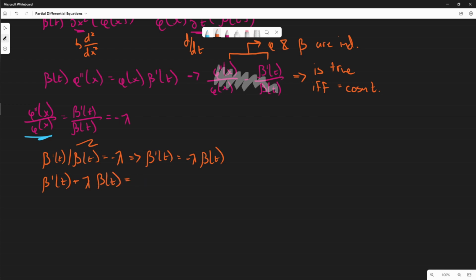And this is why the lambda is negative. When we put it on the other side, it just becomes positive, which is nice. And so what we have here now is just a simple first order ordinary differential equation. If you want to learn how to solve those, go look at the differential equation video.